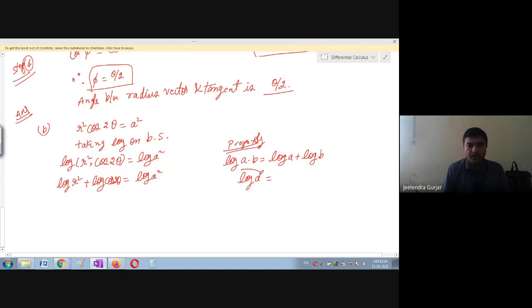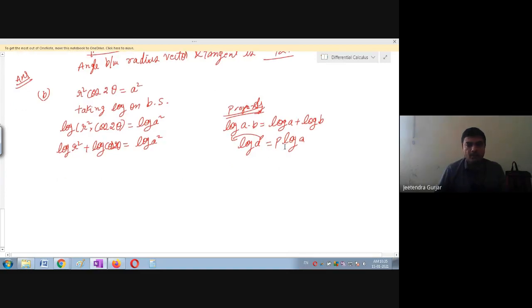One can see this power p will come this side, so this is p log a. I think you have already studied these properties in the previous classes, right, students? Here you can see the power is 2, so I can simplify this as 2 log r. How is this 2 log r? By using this property, log a raised to p is equal to p log a, students.